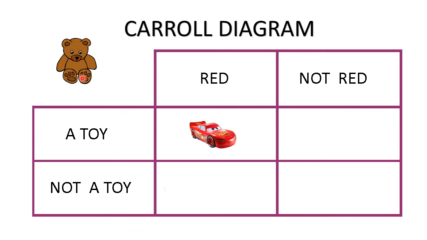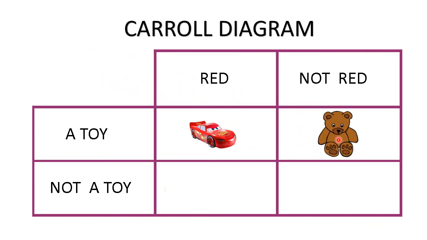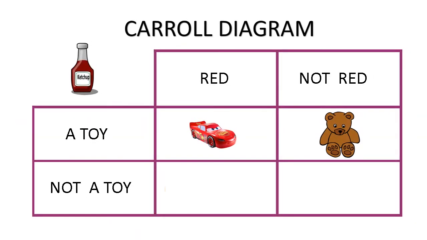The second item is a teddy bear, which is not red, but is a toy. So it goes in the crossing between not red and toy here. Our next item is a bottle of ketchup, which is red and not a toy.